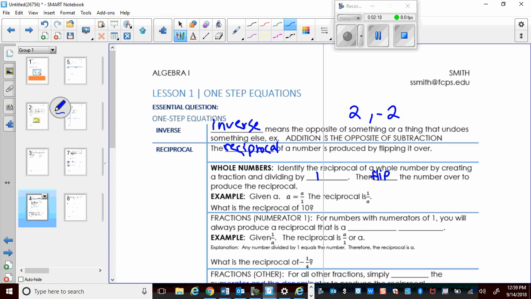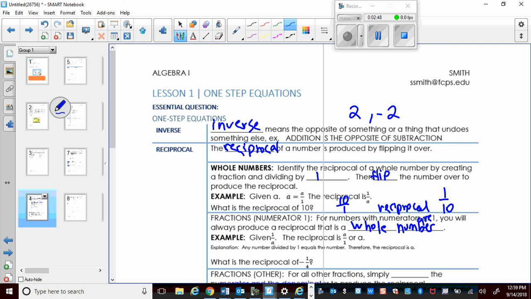So what is the reciprocal of 10? Well, I have 10. I'm going to transform it to 10 over 1. The reciprocal of 10 over 1 is 1 over 10. Now, if you already have fractions where the numerator is 1, you will always produce a reciprocal that turns out to be a whole number.